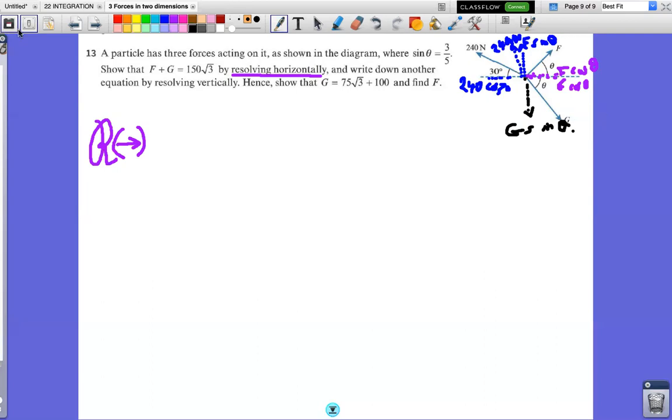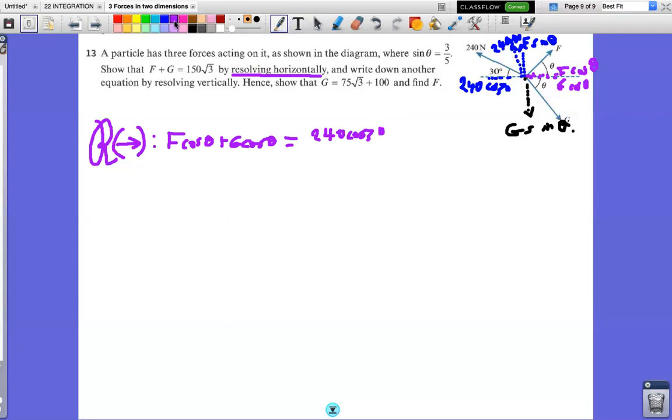Now we resolve horizontally, we get F cos theta plus G cos theta should be 240 cos 30. All right.